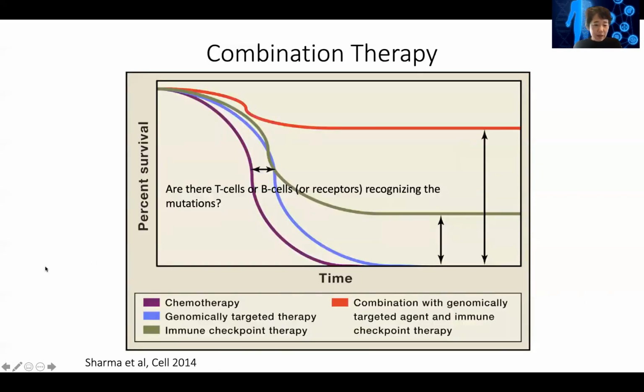So this is a review paper from Pam Sharma, where he sees that in chemotherapy, you prolong the life a little bit, but eventually the patient will become resistant to the drug. In targeted therapy, you see a very good response, but it also only prolongs the patient's life. Initially, remember the BRAF inhibitor, it's like a magic cure, but only for a little bit.